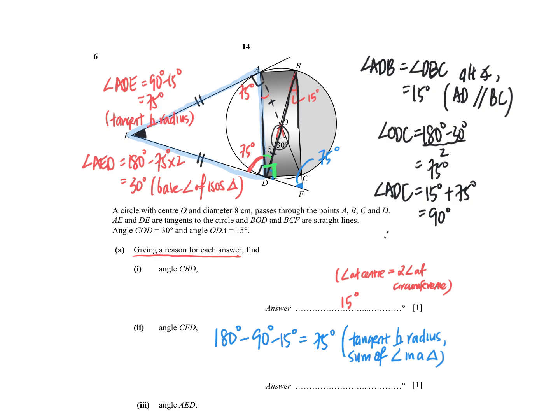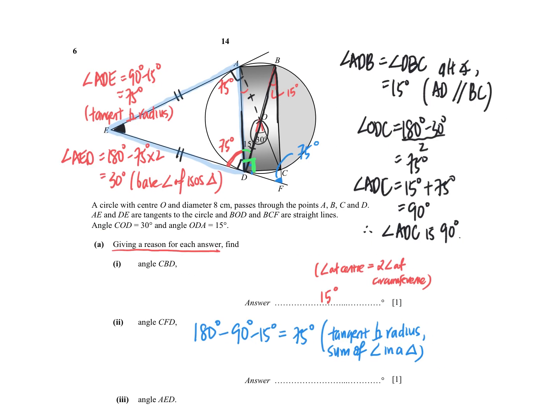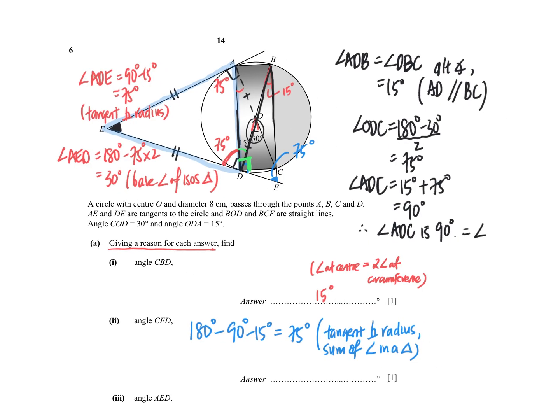Therefore angle ADC is 90 degrees. So if you have 90 degrees and a parallel line, you know that DCB is also 90. Because do you remember, if you have parallel lines, the two interior angles add up to 180. So if this is 90, this must be 90 as well. So you can tell me interior angles, parallel lines.